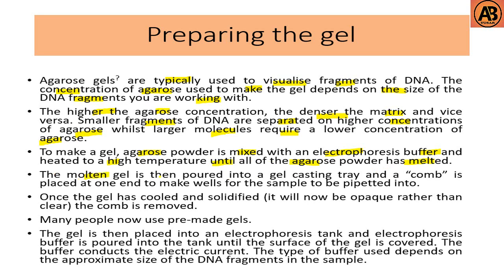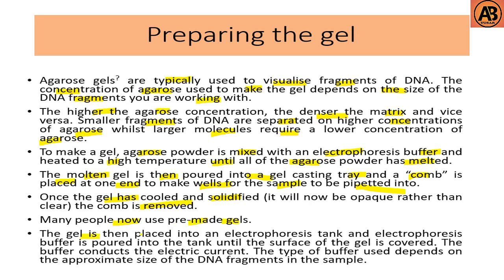The molten gel is then poured into a gel casting tray, and a comb is placed at one end to make wells for the sample to be pipetted into. Once the gel has cooled and solidified, the comb is removed. Many people now use pre-made gels.